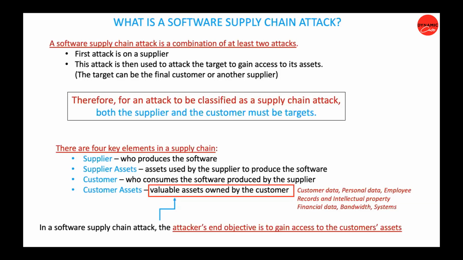He goes about it indirectly through the supplier, but the end result is that he wants to get to the valuable assets owned by the customer, which could be customer data, personal data, employee records, IP, financial data.